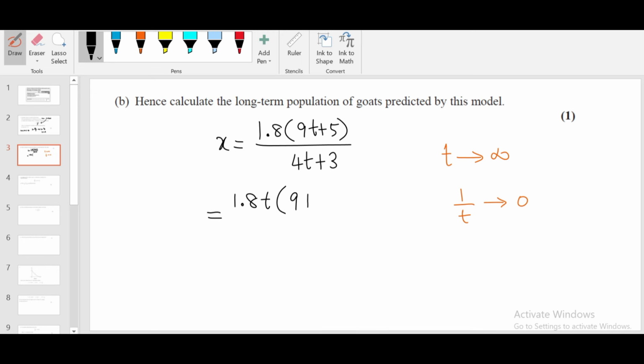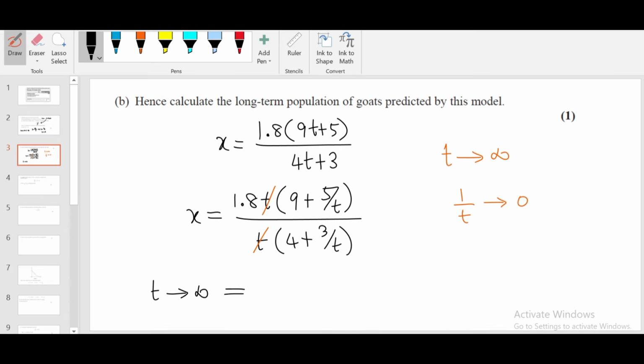So we'll get (9 plus 5 over t) divided by (4 plus 3 over t). The t can be cancelled. So this is a proper way of finding it. Now t tends to infinity, and 1 over infinity becomes 0.